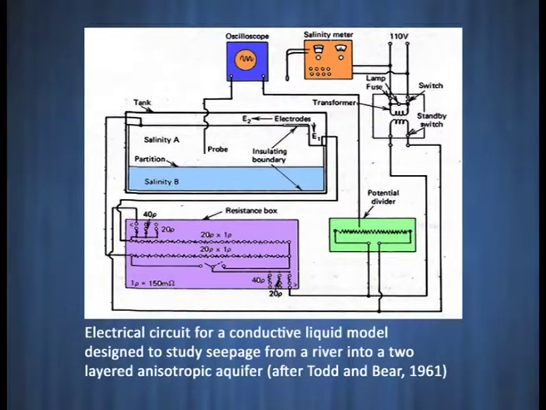Continuous system type means a conductive liquid is used in the measurement of electricity, and all groundwater properties are modeled in the conductive liquid. So, this is a conductive liquid model.